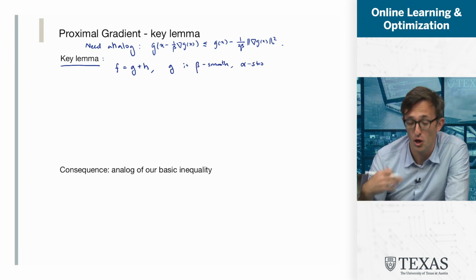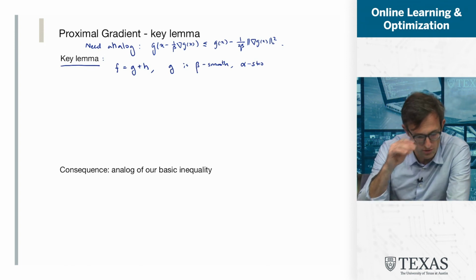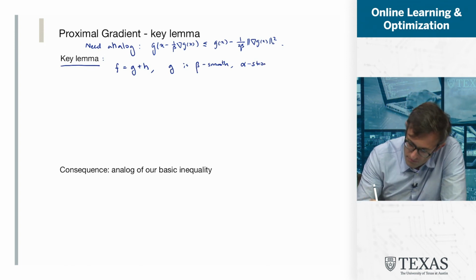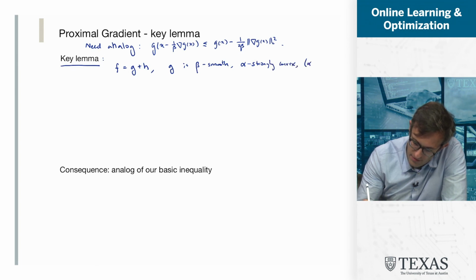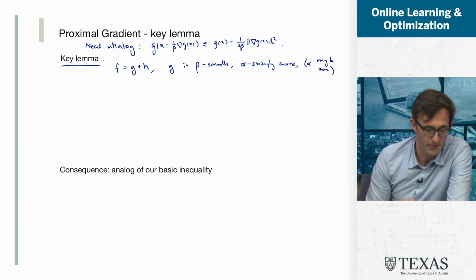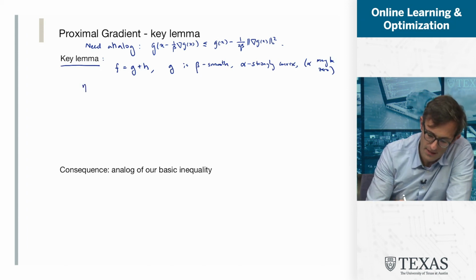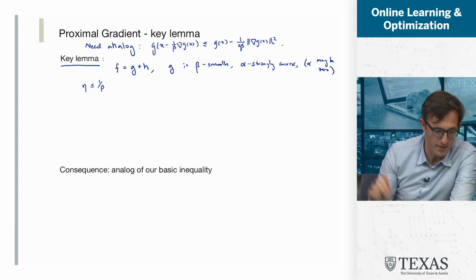So if your function also happens to be strongly convex, then something stronger holds. So alpha may be 0. In other words, my function may just be smooth and not be strongly convex. And I'm going to take a step size eta that is going to typically be 1 over beta, but certainly no more than 1 over beta.